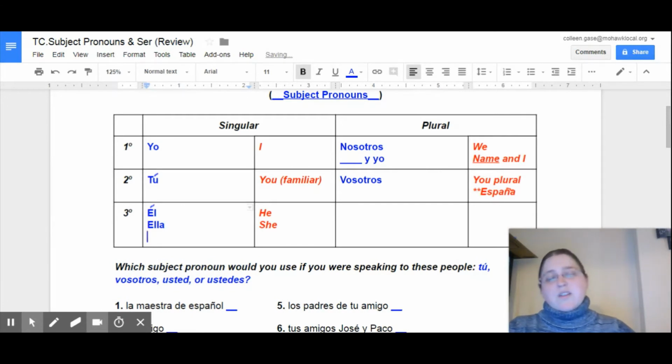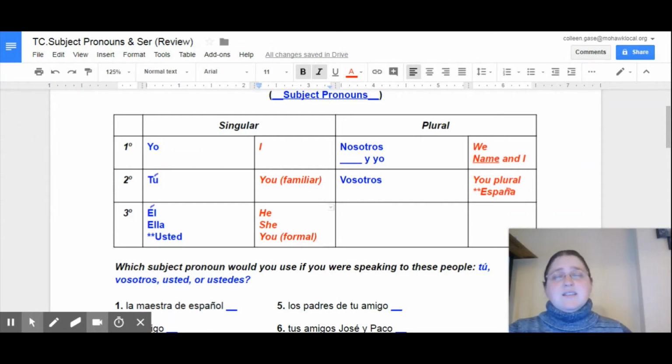We have one other guy that has to go in this box that's kind of important. We need to put usted over here. Usted is our you for more formal situations. This would be your boss, older people, people you don't know well and you're not on a first name basis with. But wait a minute, if you're talking to them, shouldn't that still be second person?